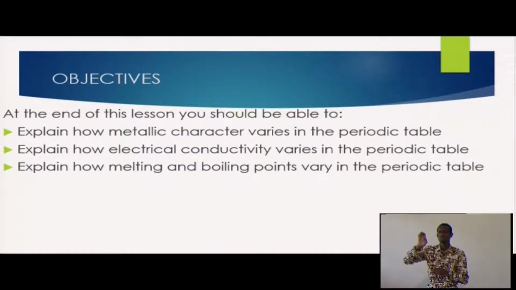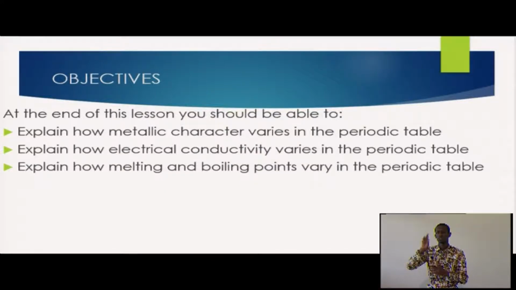Explain how electrical conductivity varies in the periodic table. What is electrical conductivity? And after explaining what it is, you should be able to explain how it varies in the periodic table, either across the period or down the group. And number 3, you should be able to explain how melting and boiling points vary in the periodic table.